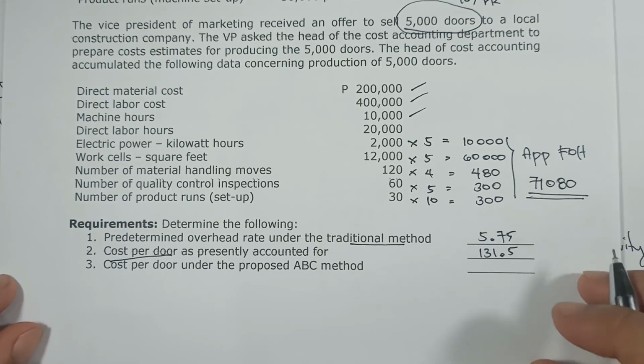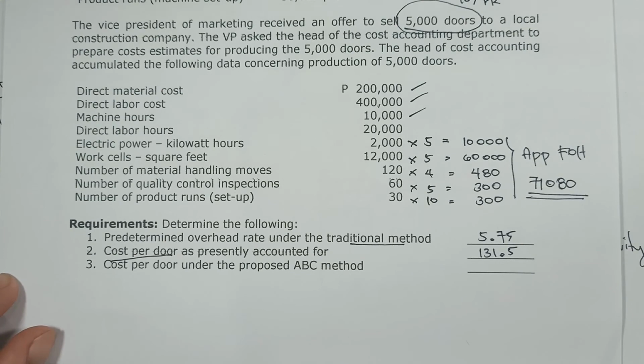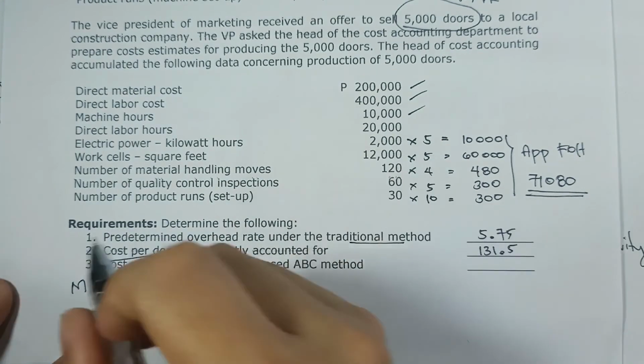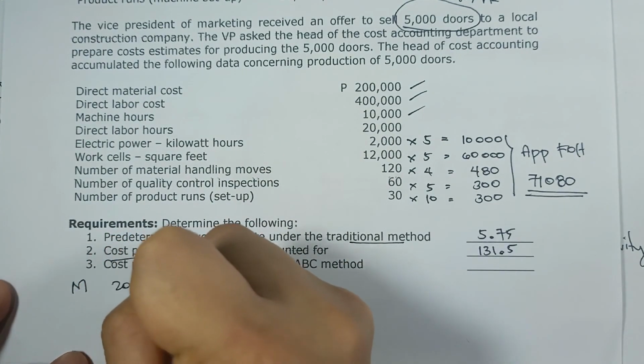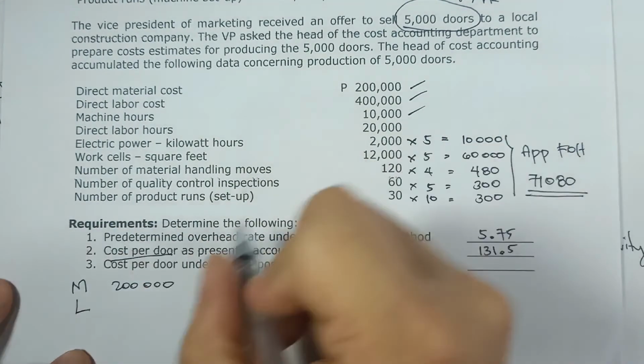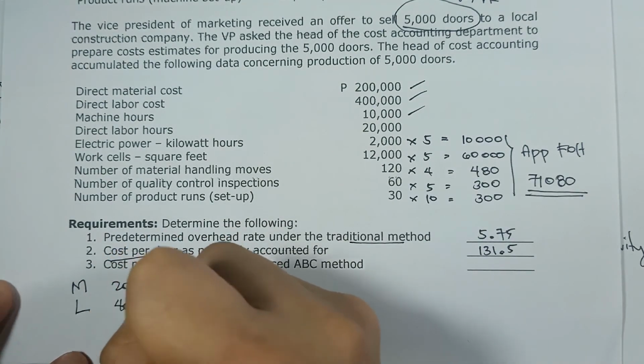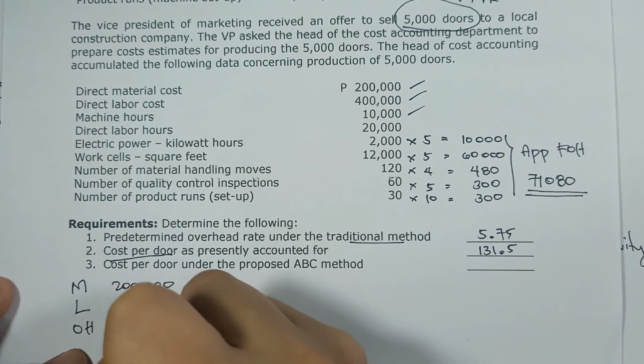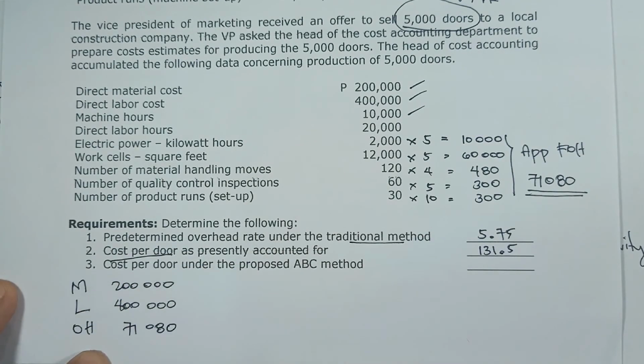Very good. So, let's now compute the total manufacturing cost under the proposed ABC method. So, materials, once again, we have 200,000. Labor, we have 400,000. And then overhead as computed, we have 71,080. Right?